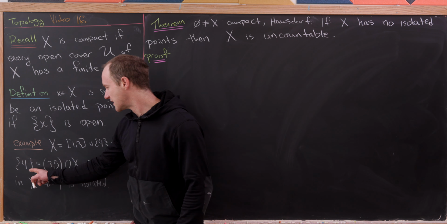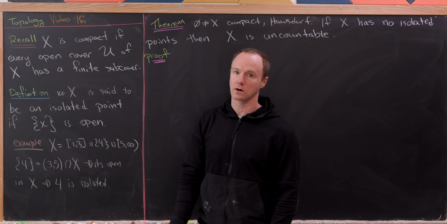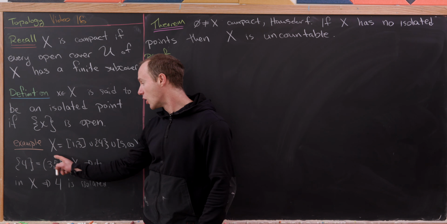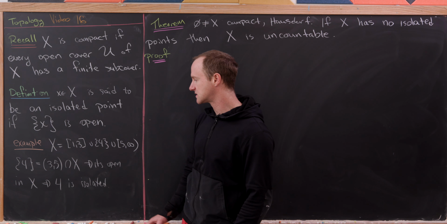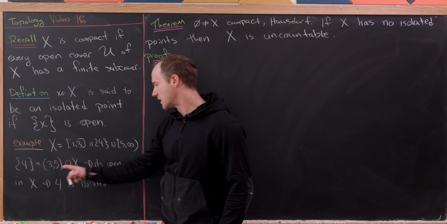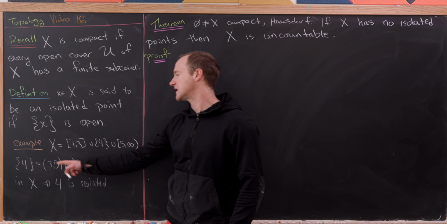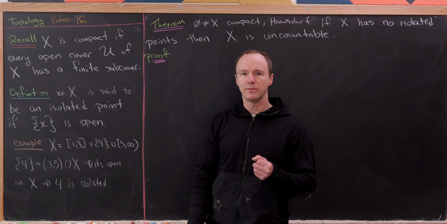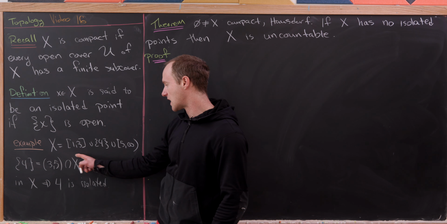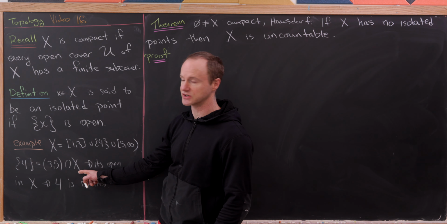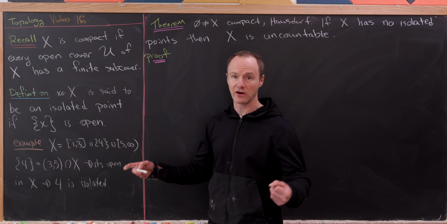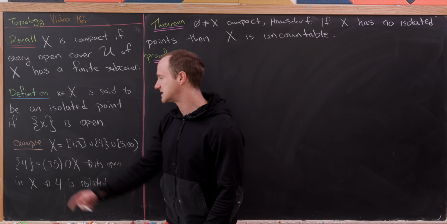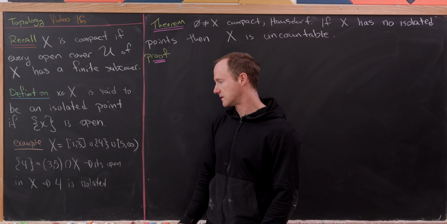Now let's notice that the singleton containing 4 is equal to the open interval from 3 to 5 intersected with X. Notice this does not include 3 or 5. That's how we only get that singleton 4. But since it's going to be our topological space, our subspace I should say, intersected with an open set in the parent space, that means that this singleton 4 is open.